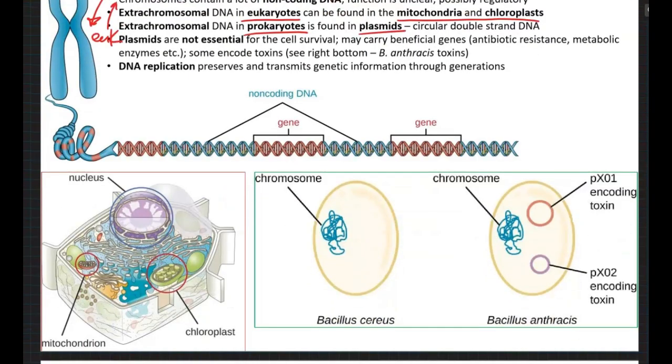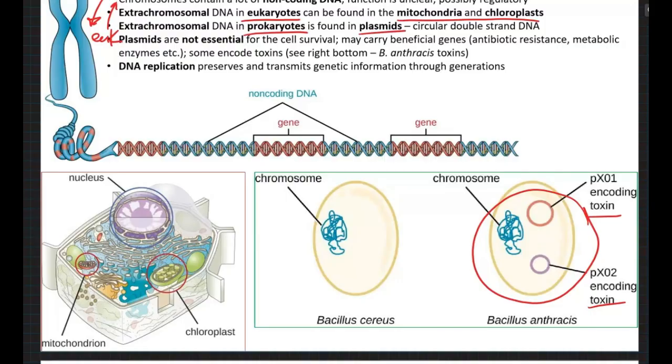If you look at the image here, you can see that in Bacillus anthracis, plasmids, relatively small, circular, double-stranded DNA molecules, encode toxins. And these toxins make Bacillus anthracis pathogenic, dangerous. And if you wonder, what if we remove those plasmids? If you remove those plasmids, it's not pathogenic anymore. All good? Does the logic make sense?